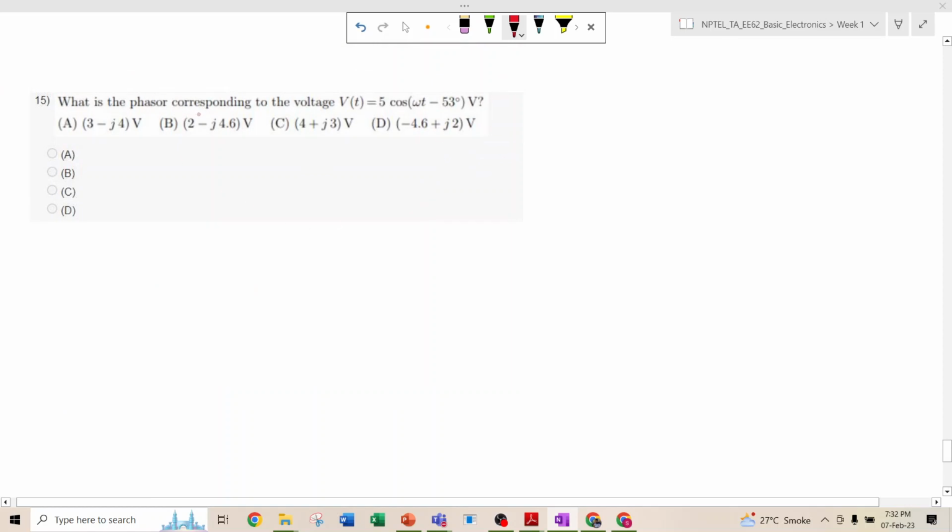What is the phasor corresponding to the voltage v(t) equals 5 cos(omega t minus 53 degrees)? You need to understand when we use the phasor.